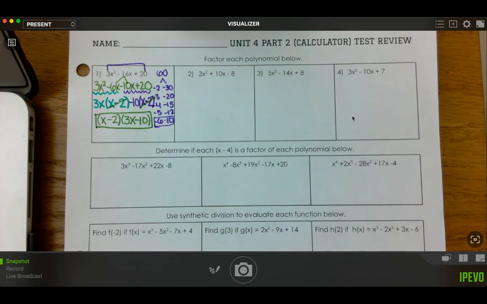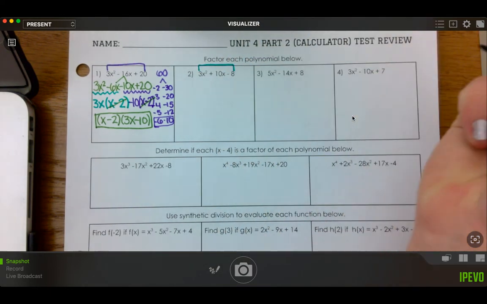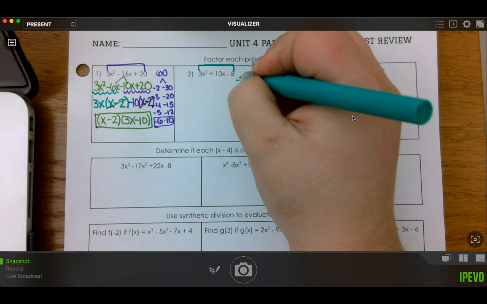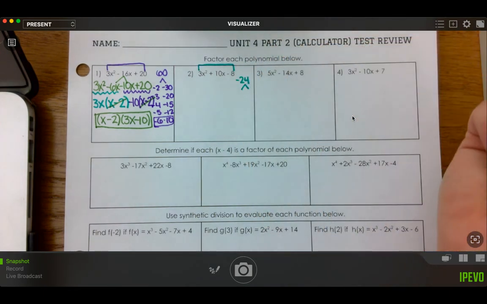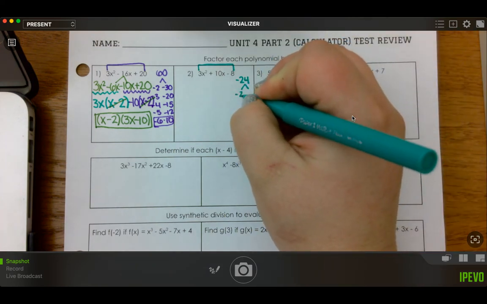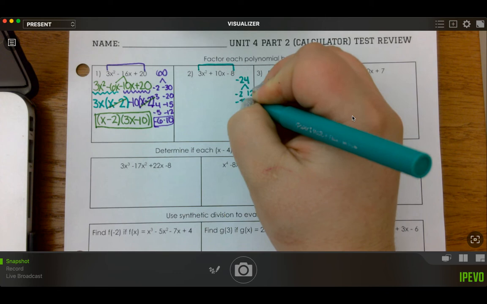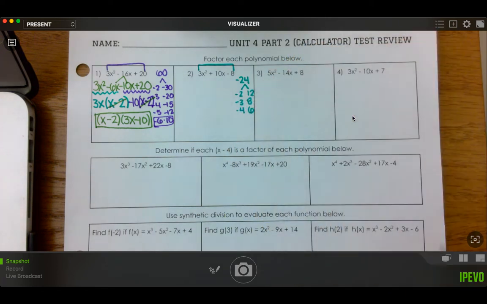On number 2, I'm going to do the same thing, except for now I need to know what multiplies to... 3 times negative 8 is negative 24. So only one of them needs to be negative this time, since it's a negative 24. 2 and 12, 3 and 8, 4 and 6.